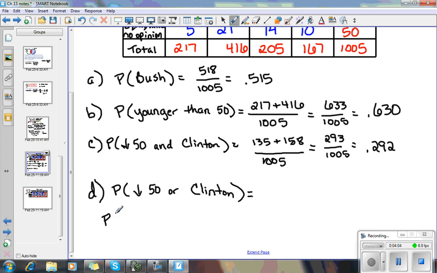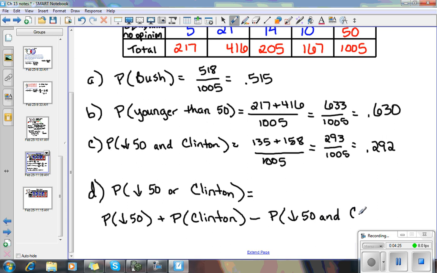It's going to be the probability younger than 50, it's an or, so it's plus the probability of choosing Clinton, minus the probability of both. So I'm using the addition formula. You can go back and look at that if you need to.